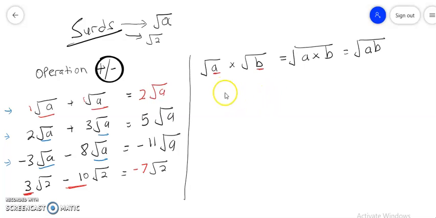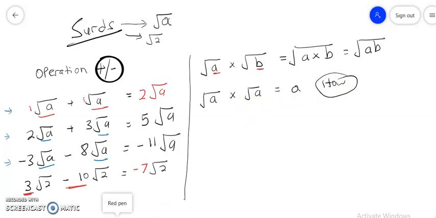Now if the numbers or the algebra are the same, we will have a. How does this happen? It's all because of their indices. You can see that square root of a is actually a to the power of 1 over 2.